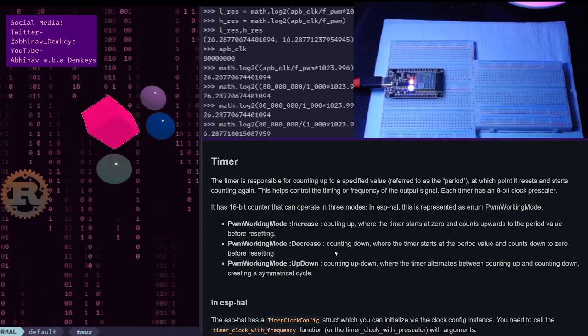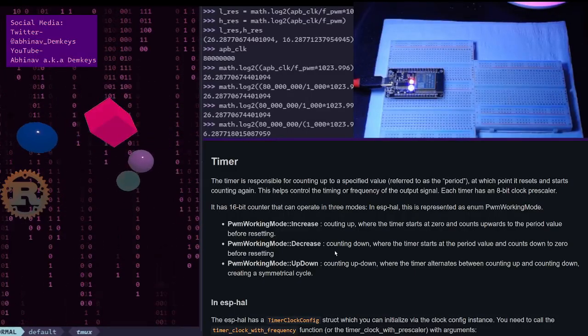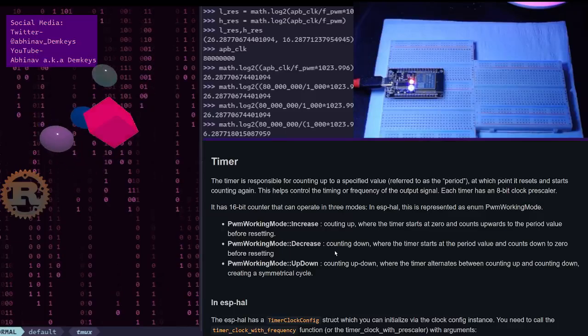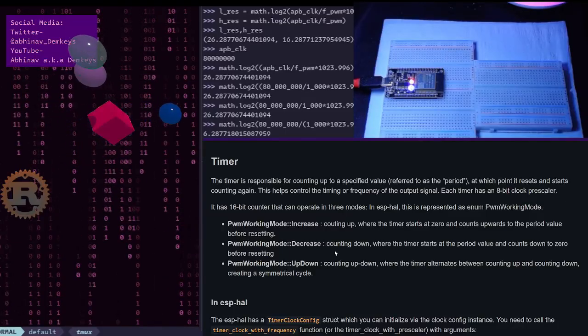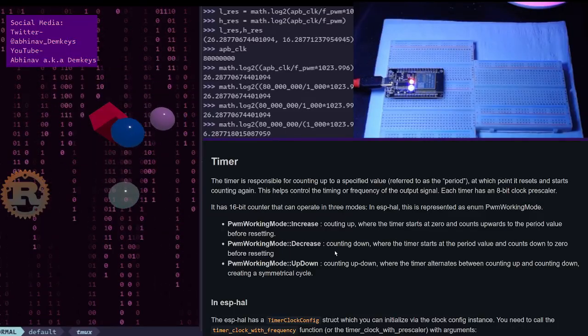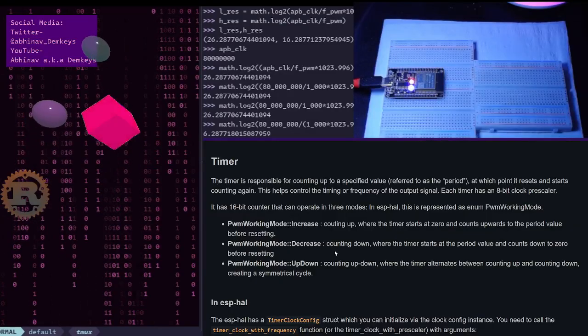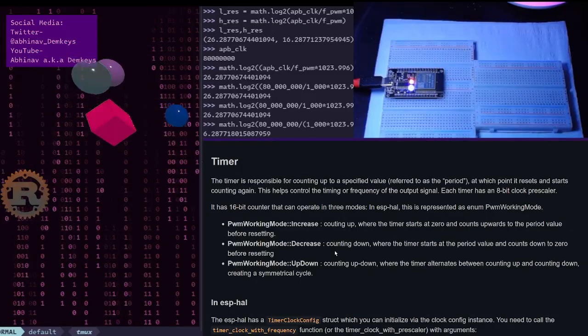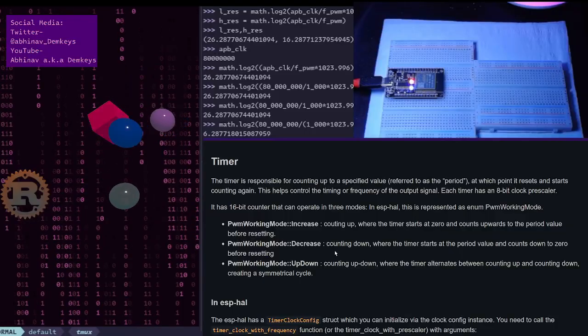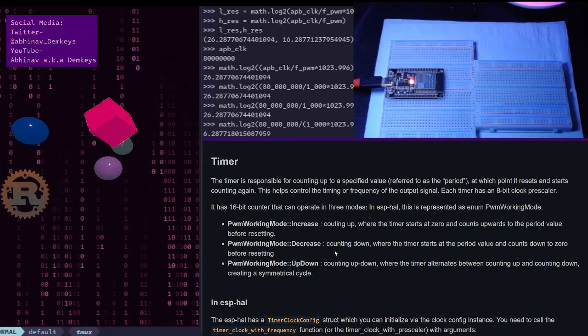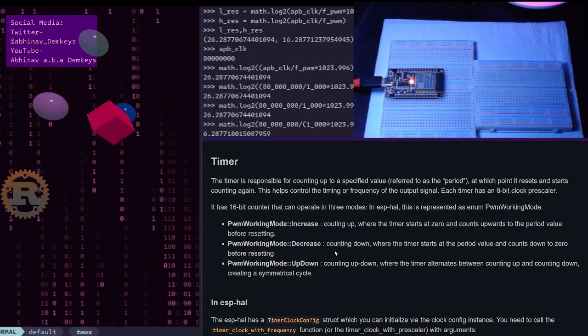This helps control the timing or frequency of the output signal. Each timer has an 8-bit clock prescaler. It has a 16-bit counter that can operate in 3 modes. In ESP-HAL, this is represented as the enum PWM working mode.